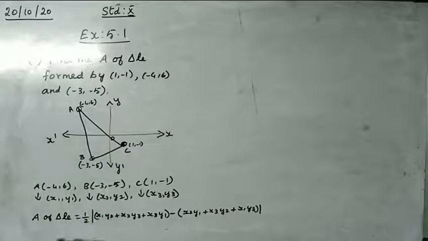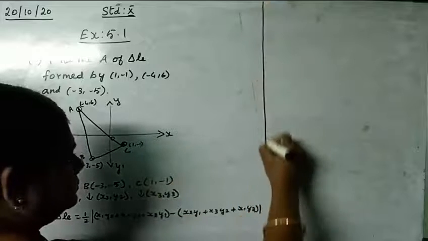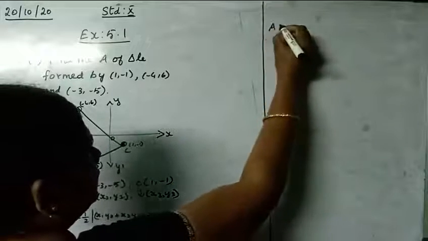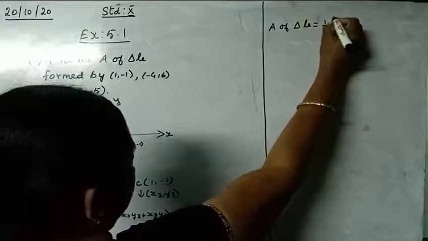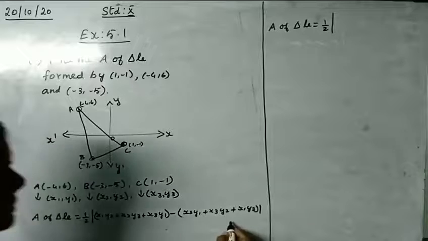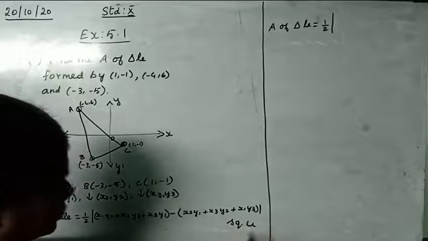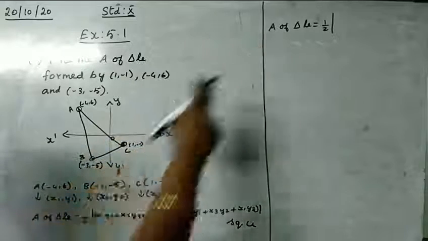So now substitute these here. Area of triangle is equal to 1 by 2. While taking the numbers, I'll write square units here. And now I want to write taking cross multiplication.